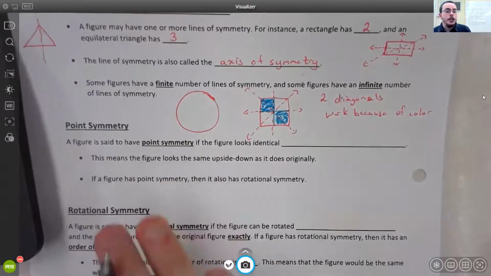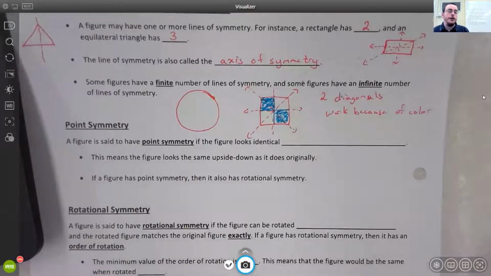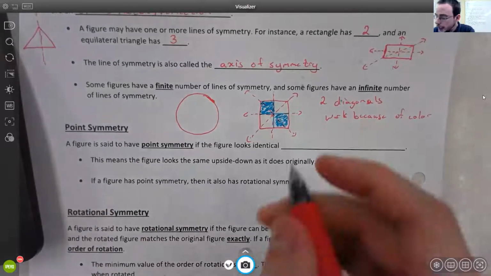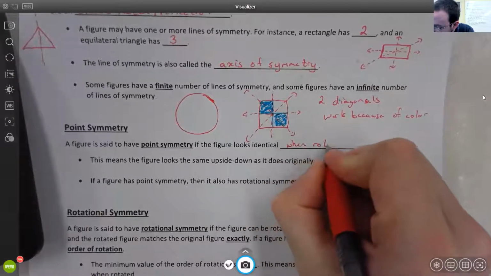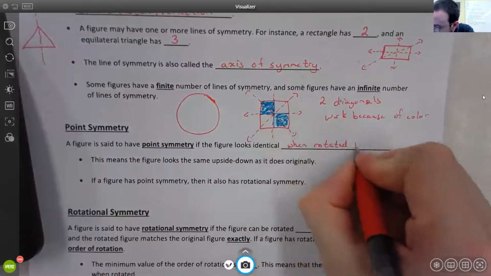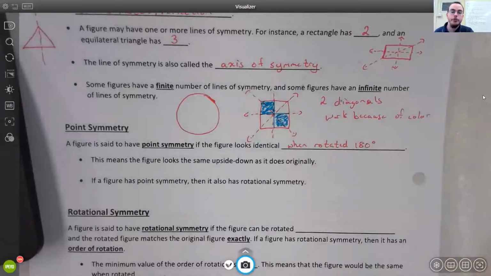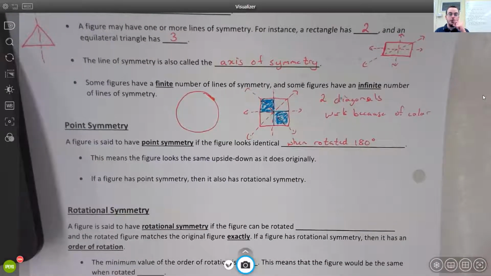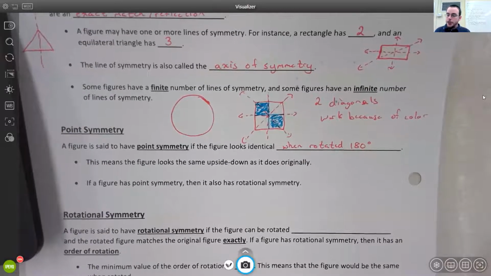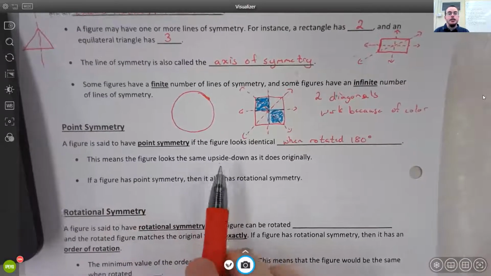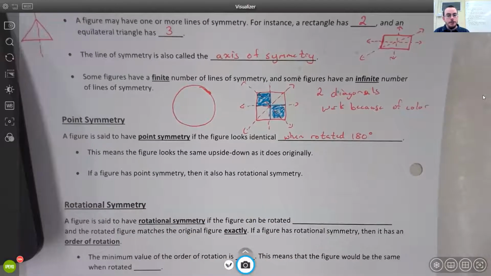Okay. The next one, a point or figure is said to have point symmetry if the figure looks identical when rotated 180 degrees. And what it means by that is that it overlaps with the original figure exactly. Okay, so this means the figure looks the same upside down as it does originally.